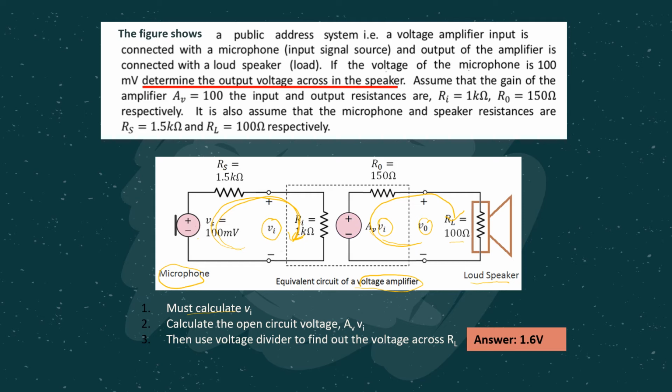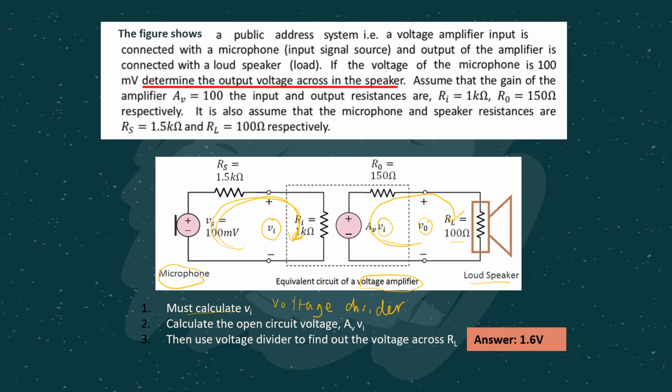In this case, what can you do? You can use the voltage divider to calculate Vi, or you can still consider Ohm's law. Because you know Vs, and you know the resistors in series here, you can find the current.